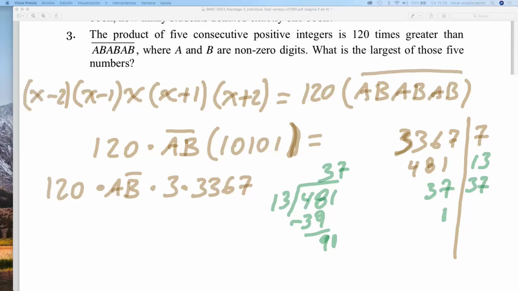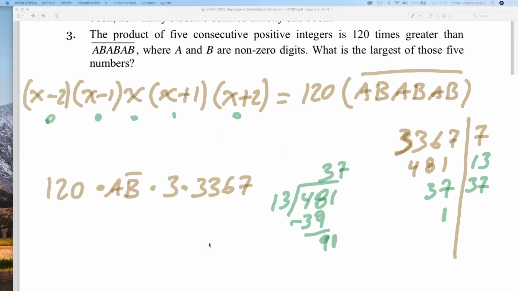So let's see. We want 5 consecutive numbers whose product is equal to 120 times AB times 3 times 7 times 13 times 37.